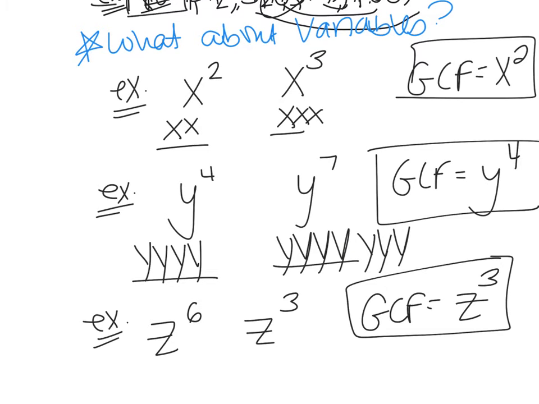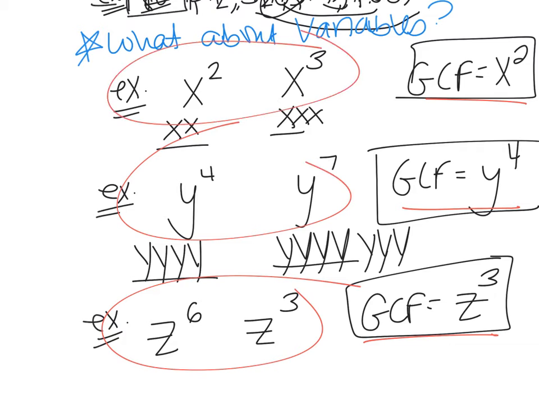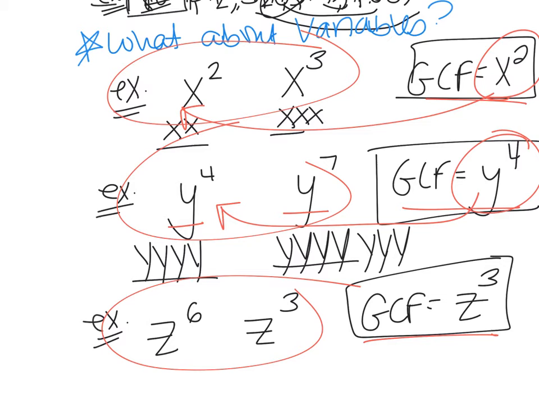So have you noticed any relation between your GCFs and what you're given? Notice x squared, that's the smallest exponent in those problems. With y to the 4th and y to the 7th, y to the 4th is the smallest exponent. With z to the 6th and z to the 3rd, z to the 3rd is the smallest, so it wins.